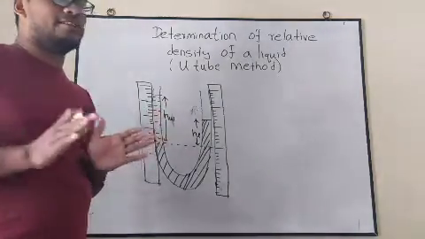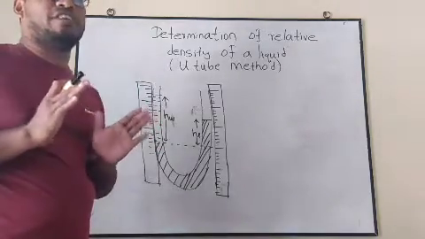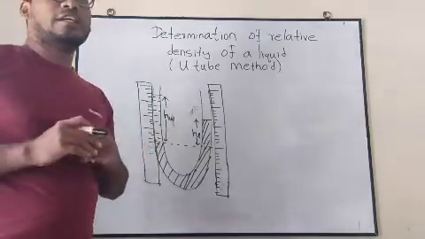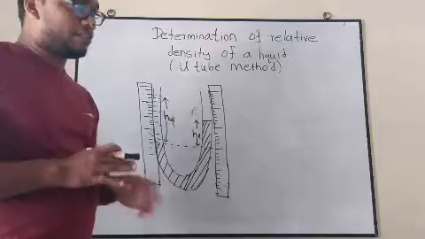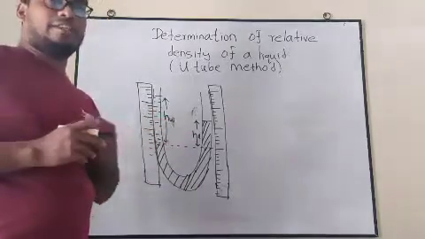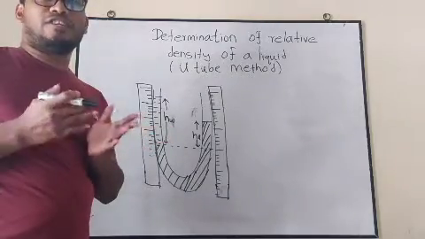These are the steps we have to follow to get the relative density of the liquid by the graphical method. We can get a value using one reading, but it is not exact and does not give the correct value.